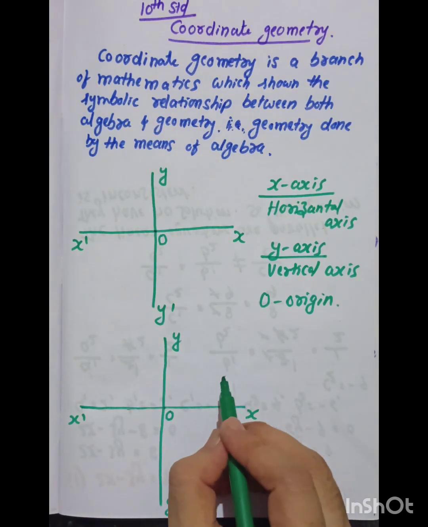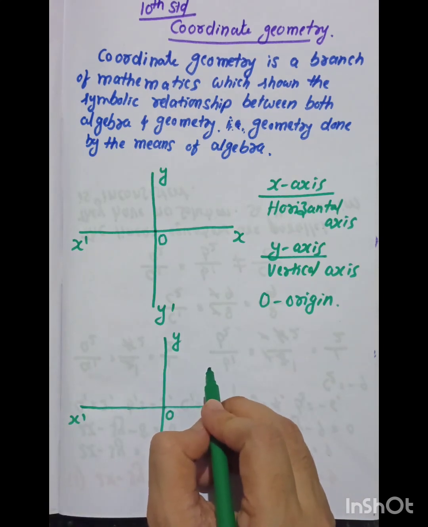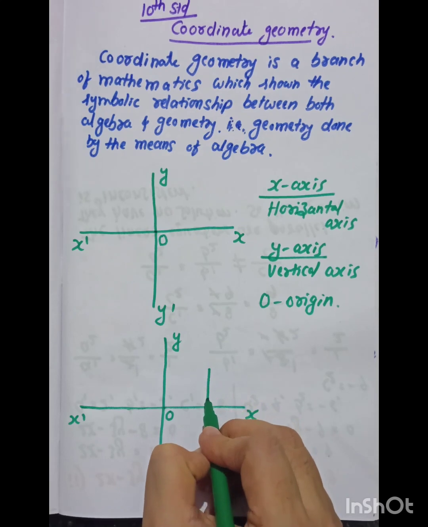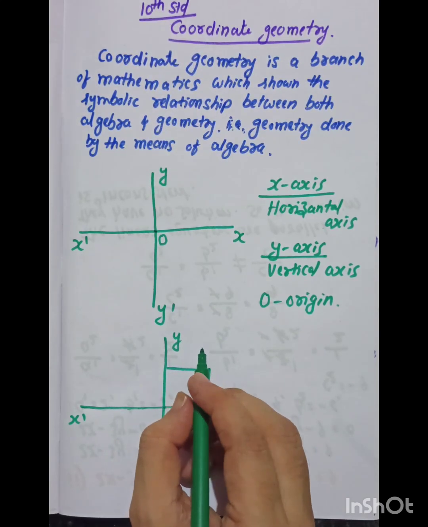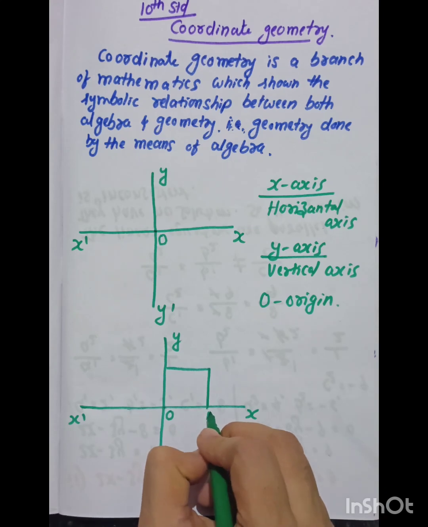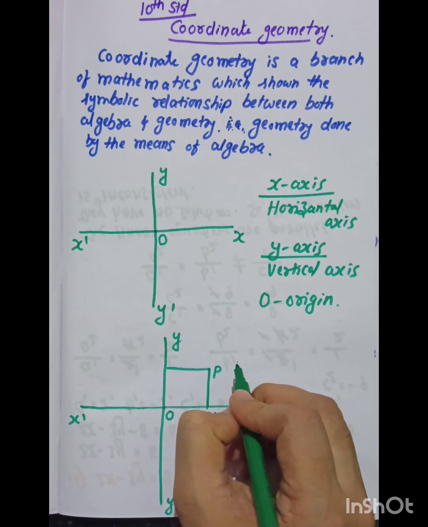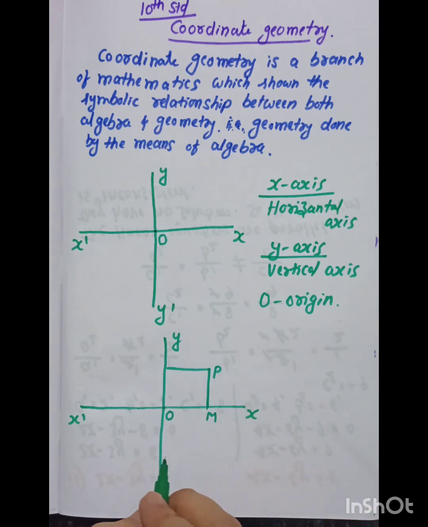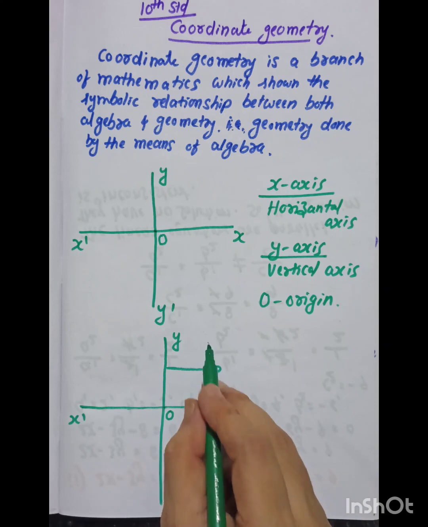Now I will draw the perpendiculars. It means I will draw a line like this. Observe here and here. Give any name. I will give it as M and it as P. Okay, now observe. Here it is MP.